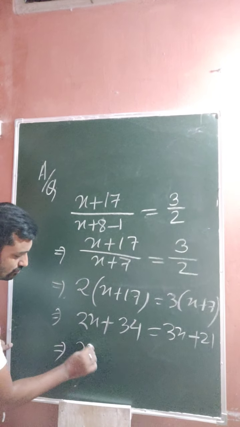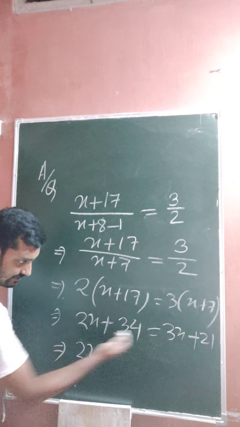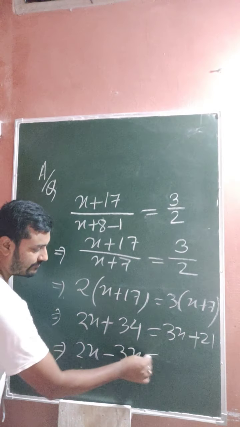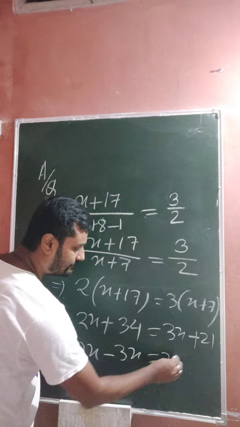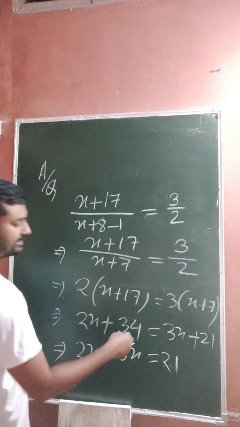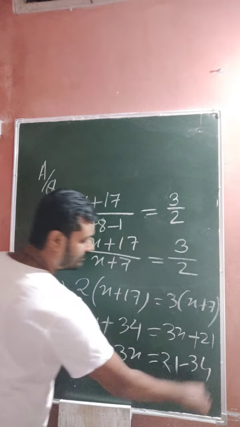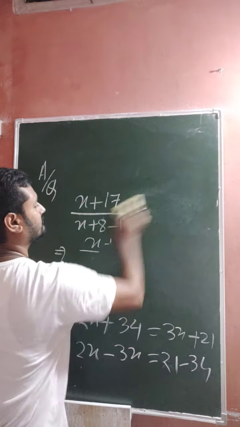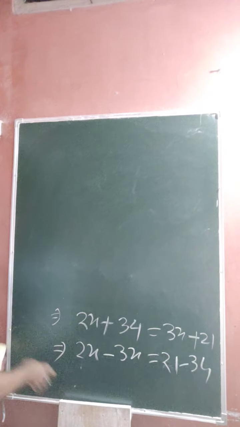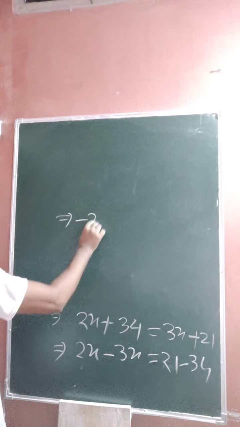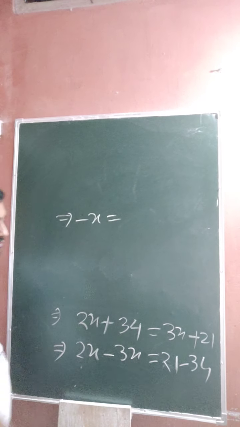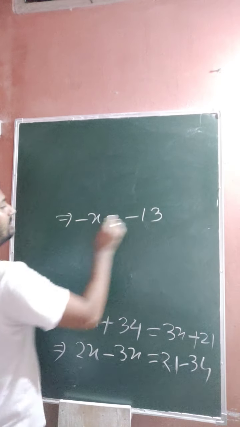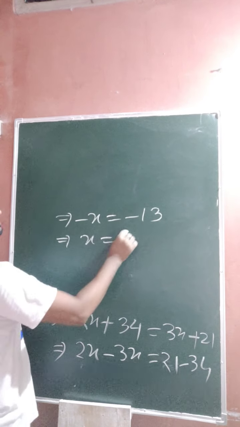Suppose 2x remains, and if you take 3x here, it becomes minus 3x, and 21 remains the same, and 34 goes to that side, it becomes minus. So 2x minus 3x becomes minus x, and 21 minus 34 becomes minus 13. That means x is equal to 13.